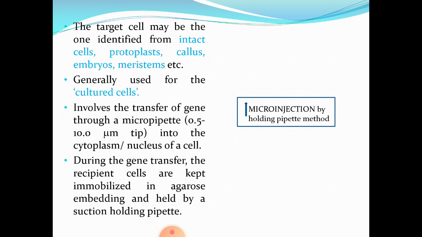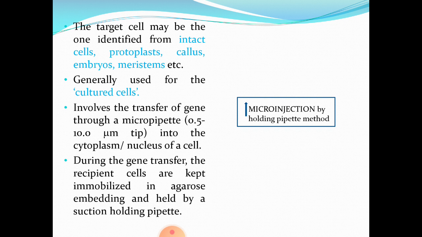The target cell may be identified from intact cells, or you can take protoplasts, or callus, or embryos or meristems, etc. So the target cell can be any one of these.